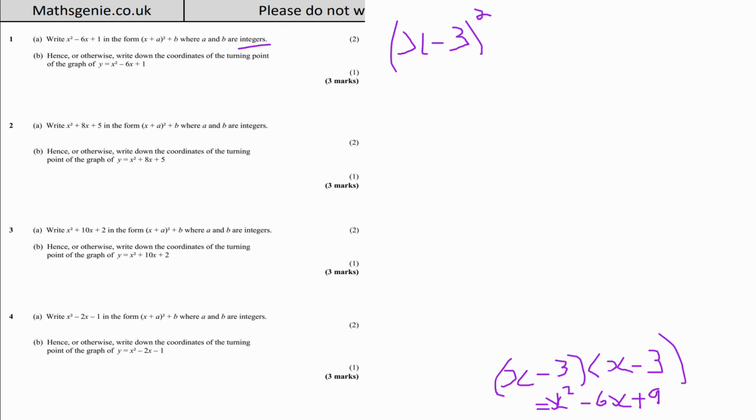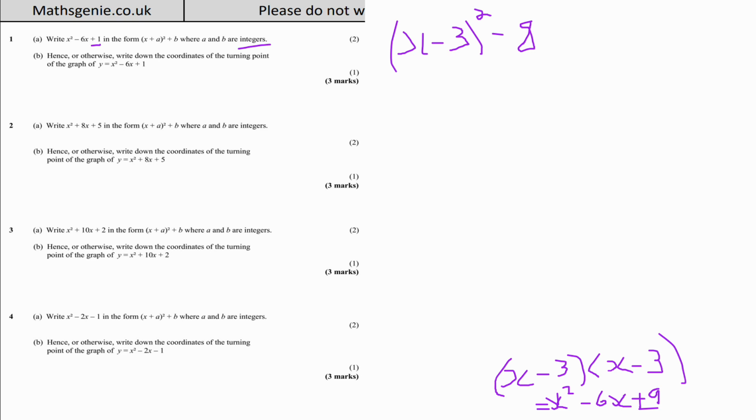But if we look here, we want positive 1, so we're going to have to subtract 8. So that's how to work out the value of b.